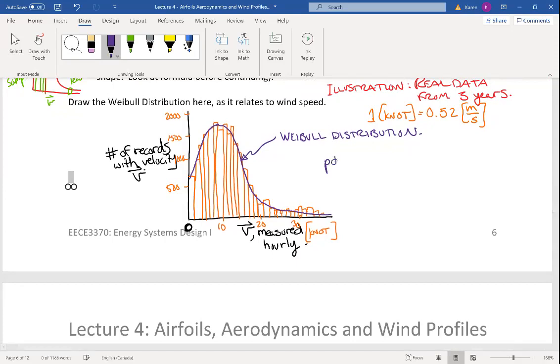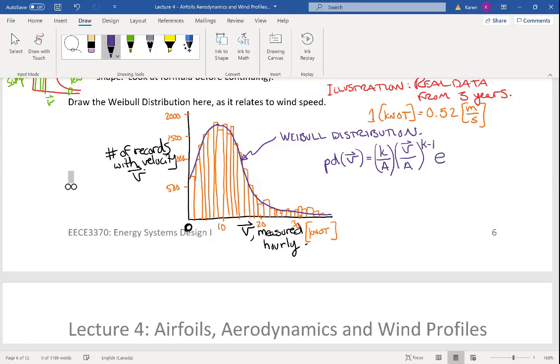The probability distribution function as it relates to velocity is equal to a shape factor K over a scale factor A times the velocity, which is our x-axis variable again, over the scale factor A to the power of shape factor minus 1.